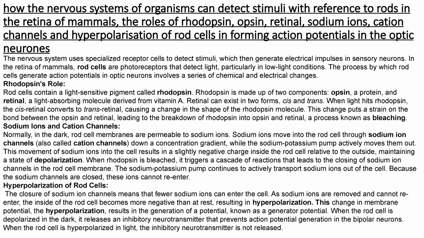This change in membrane potential, the hyperpolarization, results in generation of a potential known as generator potential. When the rod cell is depolarized in dark, it releases an inhibitory neurotransmitter that prevents action potential generation in the bipolar neurons. When the rod cell is hyperpolarized in light, the inhibitory neurotransmitter is not released.